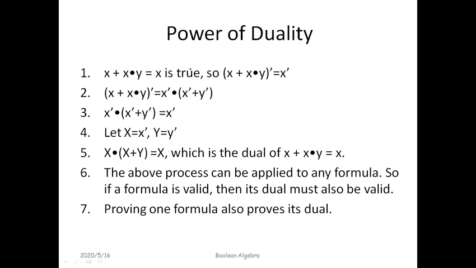Let's appreciate duality. Number one, x plus xy is equal to x. This is true. So then x plus xy inverted is equal to x inverted. If we are able to invert the left-hand side of the absorption property, then it is just the same as inverting the right-hand side.